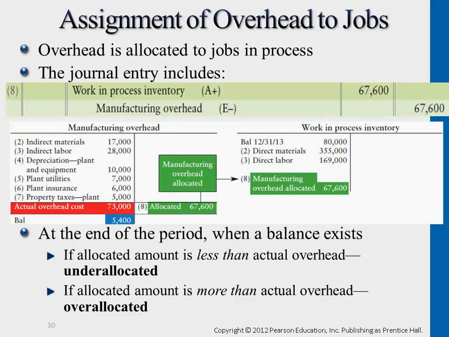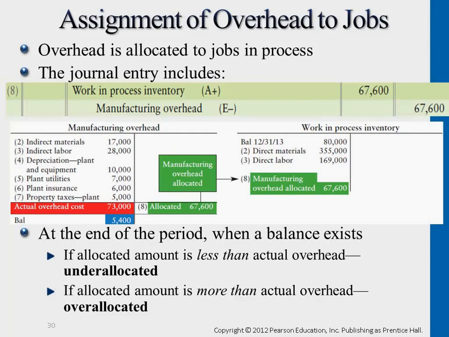So the difference is basically we misallocated a portion. Because remember, we just estimated a rough rate at the beginning of the year, expecting that it would be very close to the actual overhead rate. So when it comes to year end, we need to do some adjustments based on the differences.